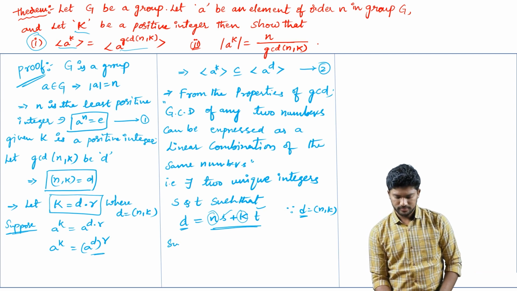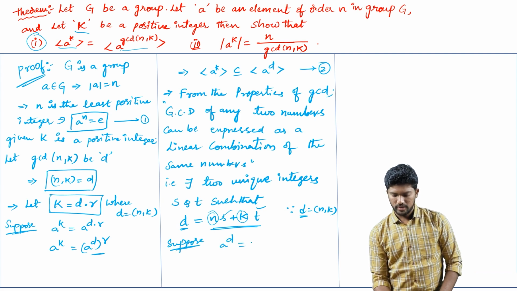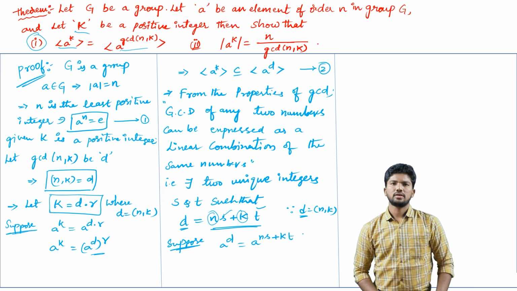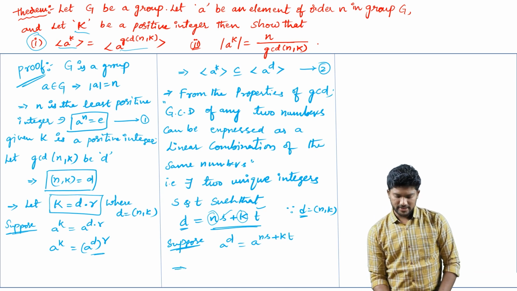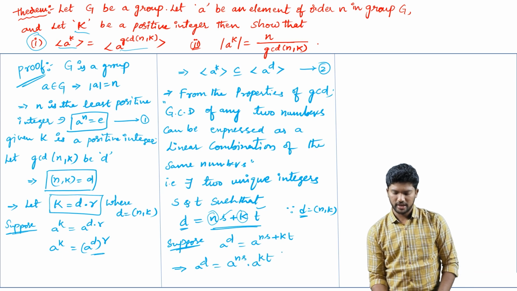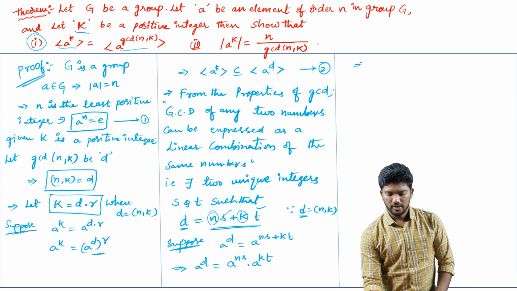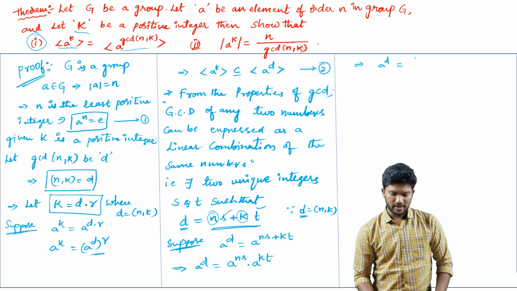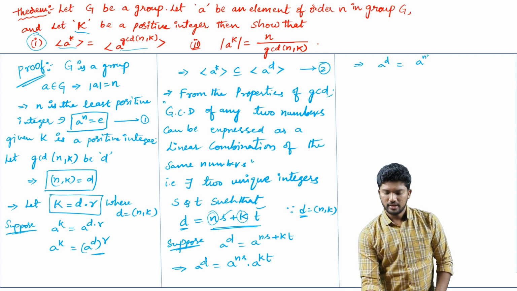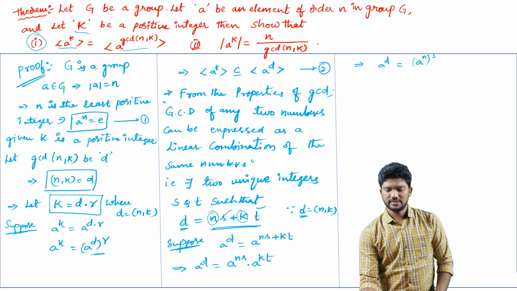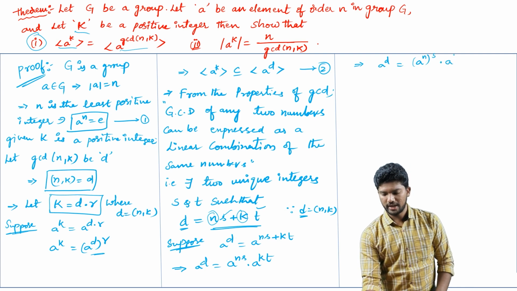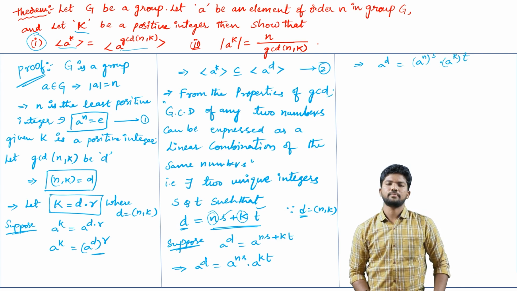Now, a^d is equal to a^(ns+kt). From this condition, a^d is equal to, separating these powers, a^(ns) and a^(kt). So a^d is equal to (a^n)^s into (a^k)^t.